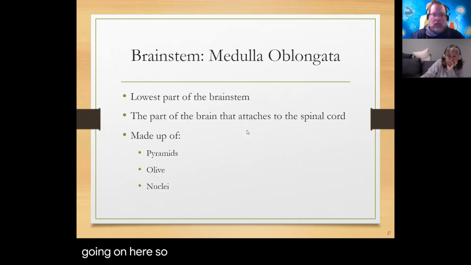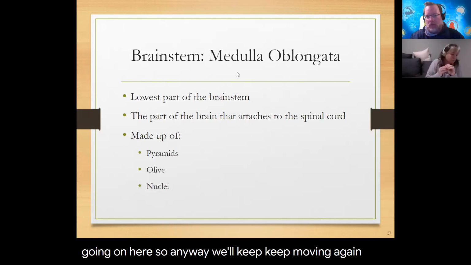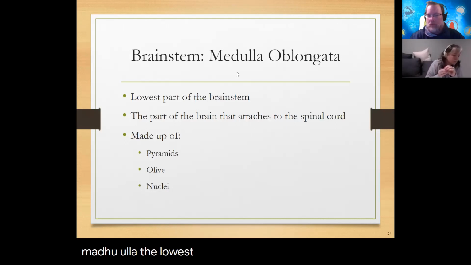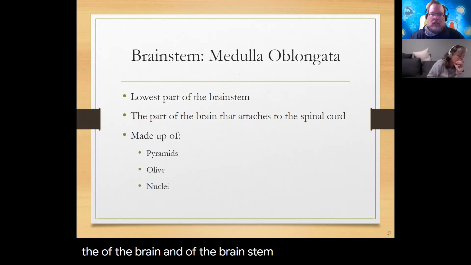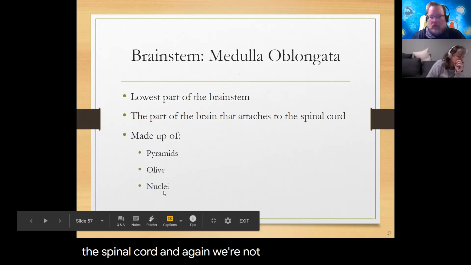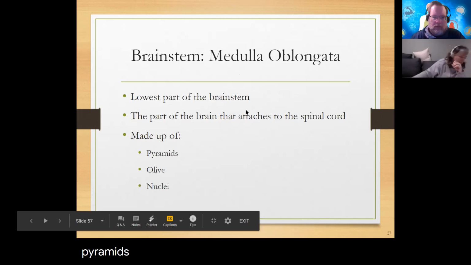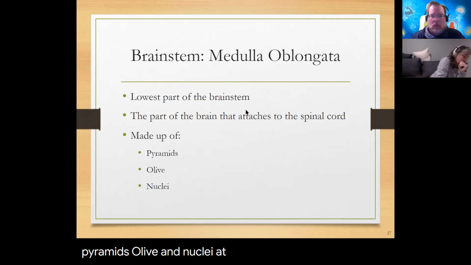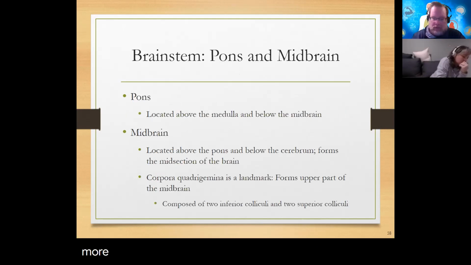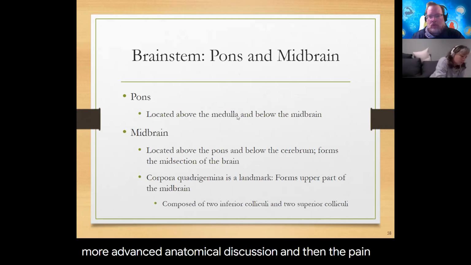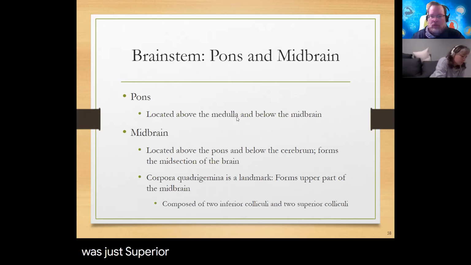So anyway, we'll keep moving. The medulla is the lowest, most inferior part of the brain stem. It's what attaches to the spinal cord. We're not too concerned about pyramids, olive, and nuclei at this point; that's a more advanced anatomical discussion. Then the pons is just superior to the medulla and inferior to the midbrain.